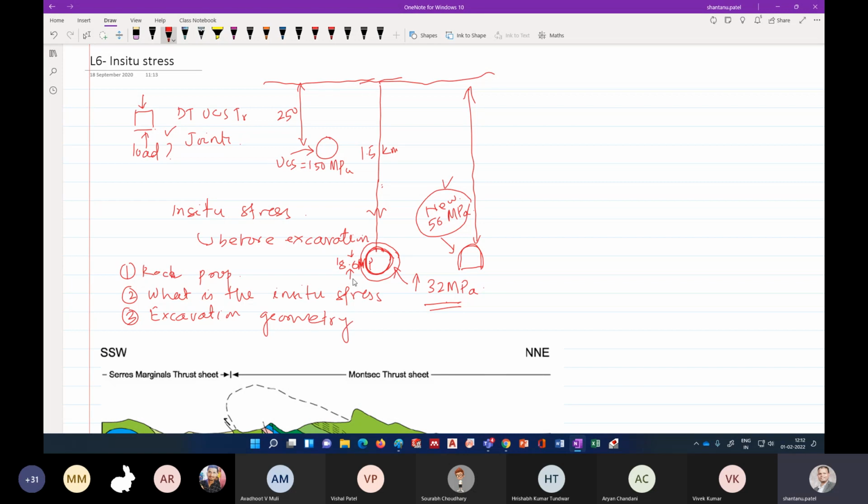We combine these three and then we do the design. So this is the concept. Does anybody have any question?